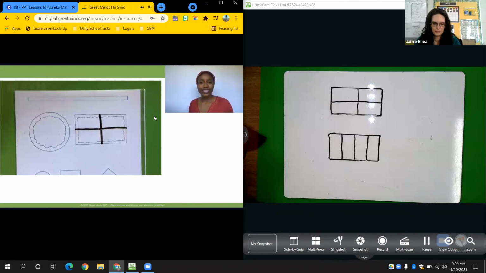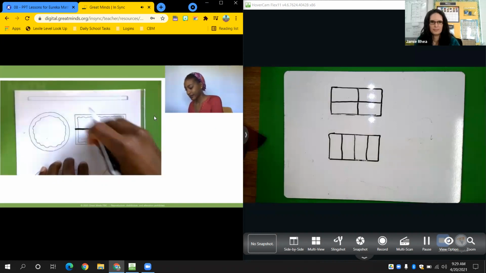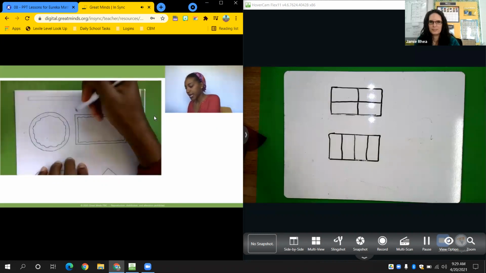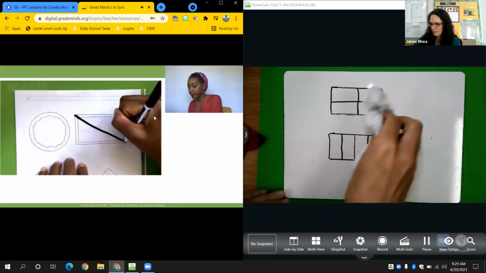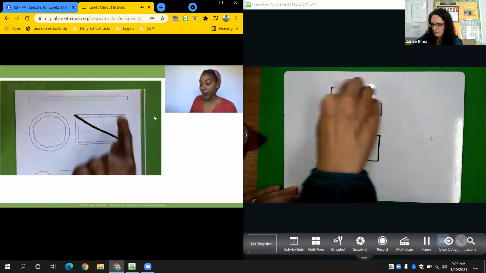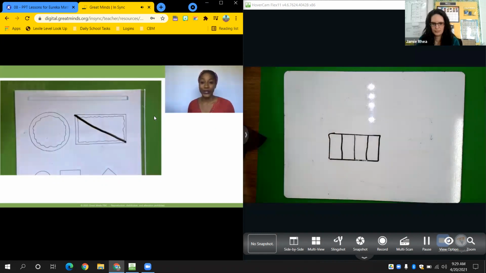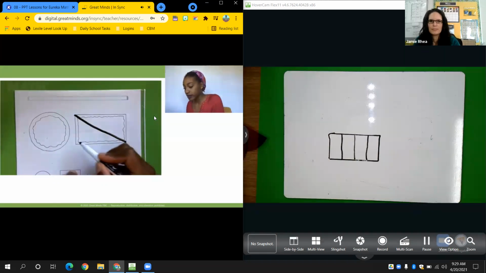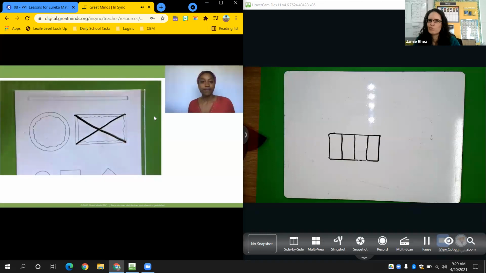Now, mathematicians, let's look at something interesting. Remember when Miss Kaylin drew a diagonal and we saw that both sides were equal pieces when we turned those on their sides? Now, mathematicians, let's look at fourths. That's a little tricky.